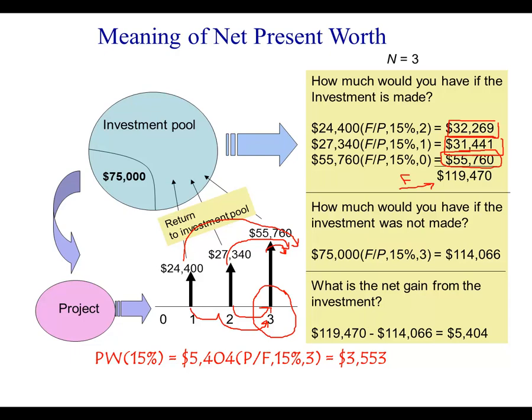Now, how much would it be if that money was left in the account for 3 years? If I have that 75,000 not taken out, we did not take it out, and we left it in the account, and we would like to find how much it would be in the future, moving it to year 3 with 15%.